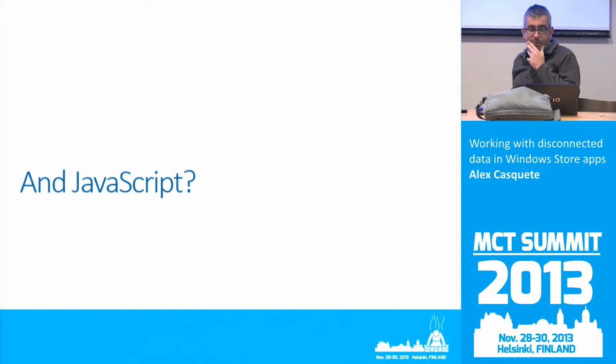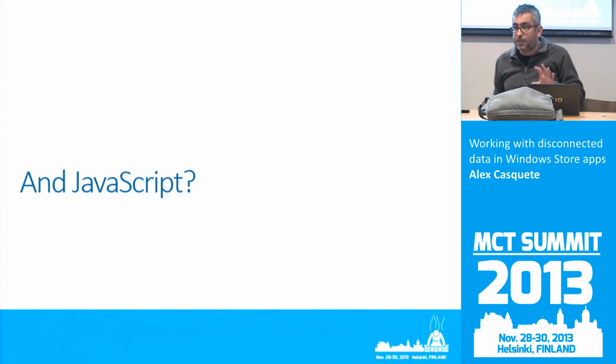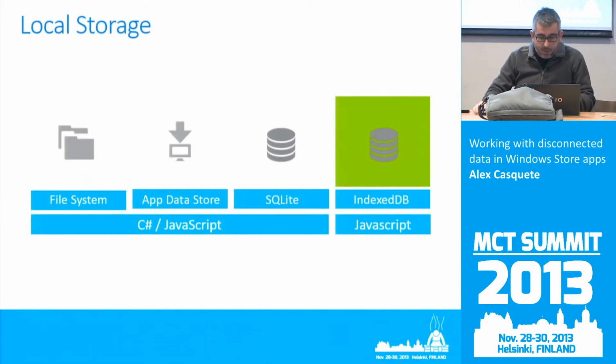We have seen how to do this synchronization with C#, and we can use the same technology with JavaScript. We can use SQLite and Windows Mobile Services with JavaScript, but I want to show you how to use the IndexedDB database.